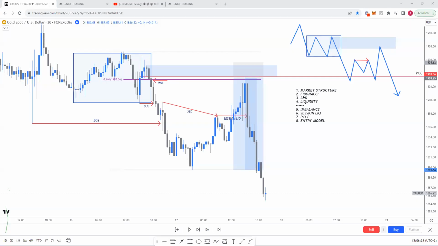It's 3 pips, exactly. And let's say from 1900 to 1902, how many pips is it? 20 pips, well done. So pretty much every 10 cents is 1 pip.